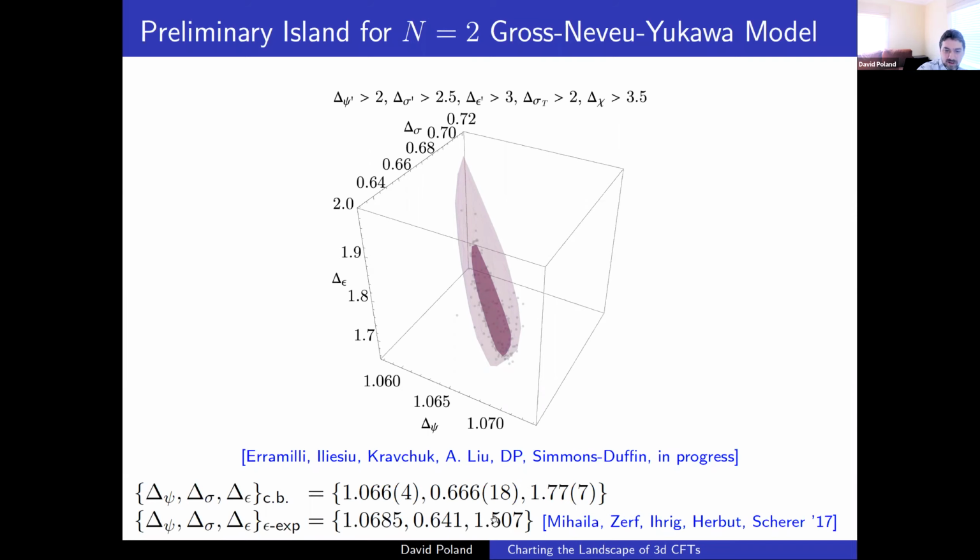The previous estimates for the scaling dimension of epsilon, which is related to the new critical exponent, have been all over the place. You can see they got 1.5, we're getting 1.77. So this seems to be a place where the bootstrap is going to add something new to our knowledge of these theories.